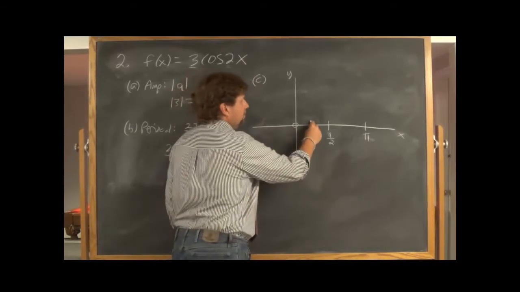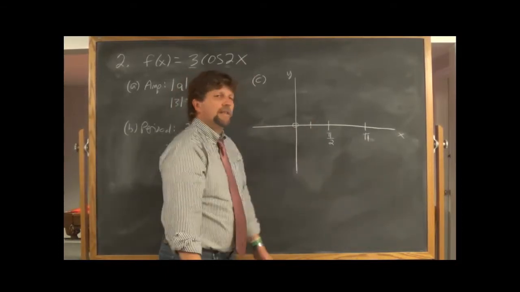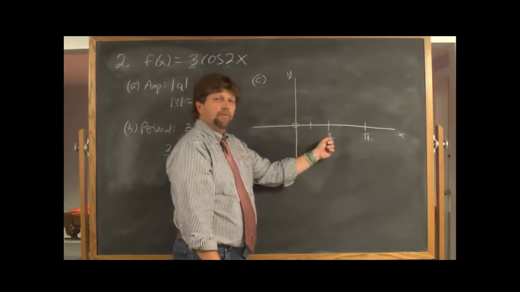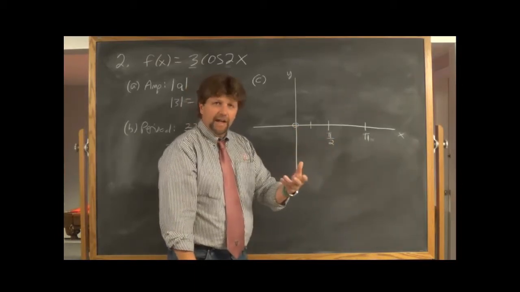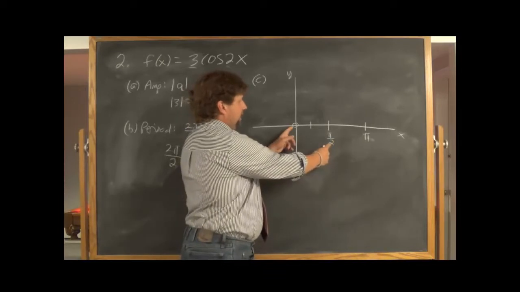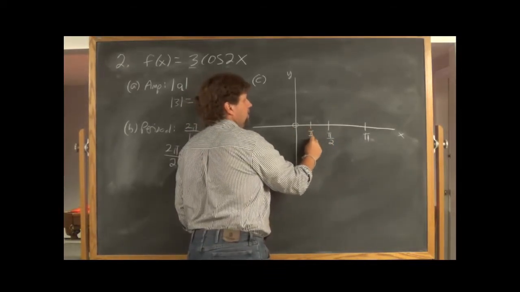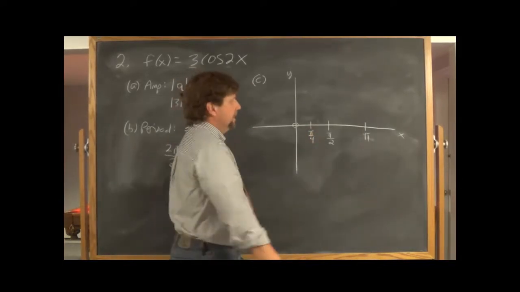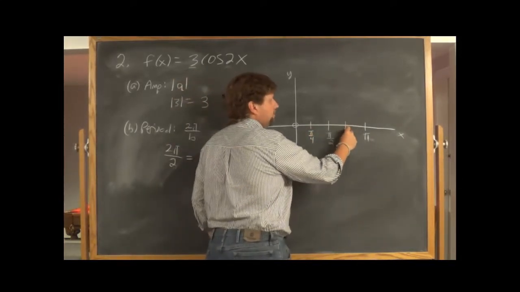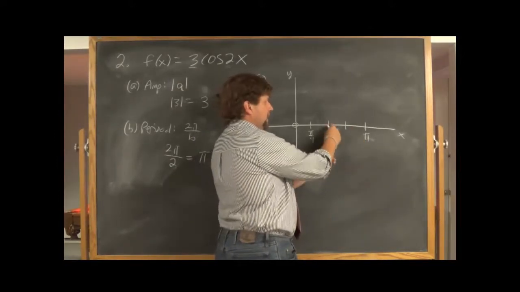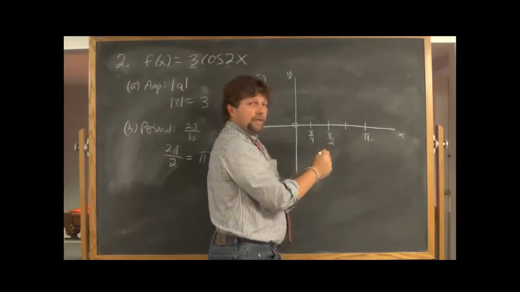The first quarter point is nothing more than the average of the left endpoint and the midpoint. Again, we know how to find an average. Add those two together and divide by 2, which will give me pi over 4. And the third quarter point, again, is the halfway point between the midpoint and the right endpoint of the period.